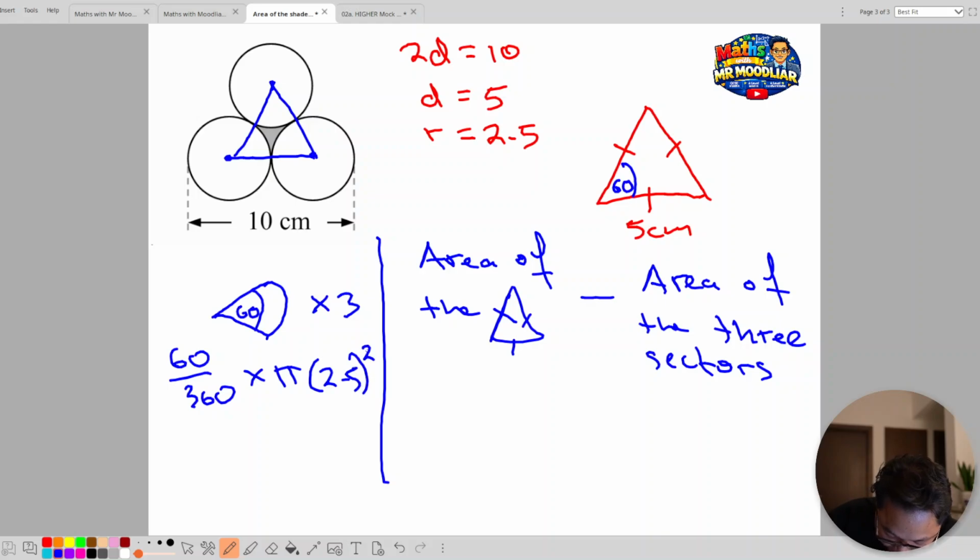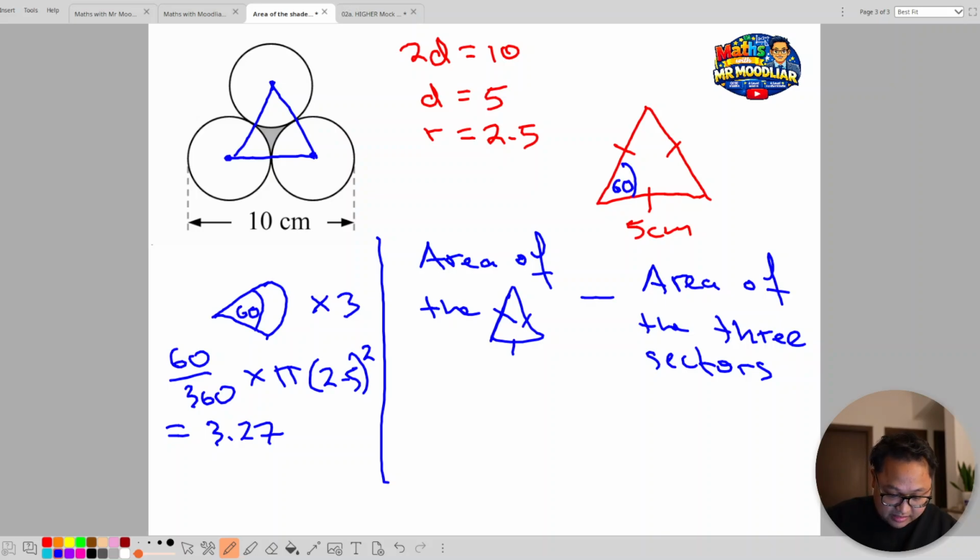That's the area of one sector so far. Let me just type that in my calculator. That would give you 3.27 to three significant figures.